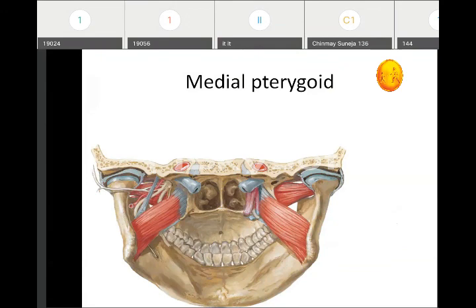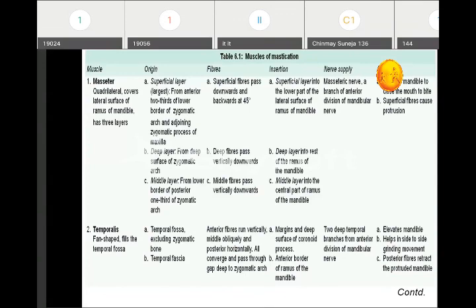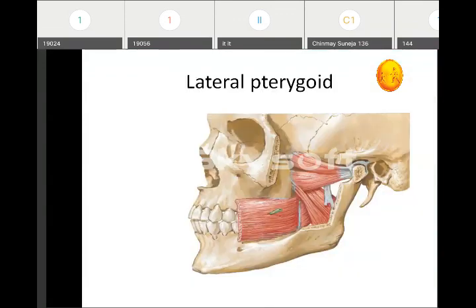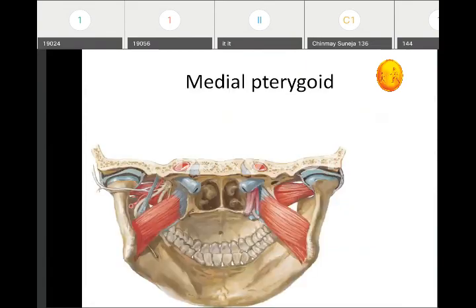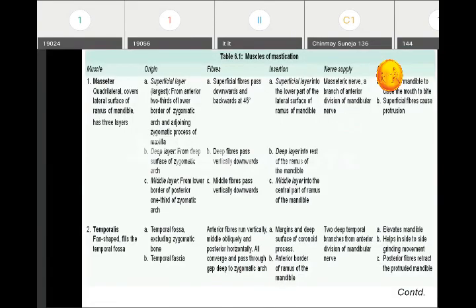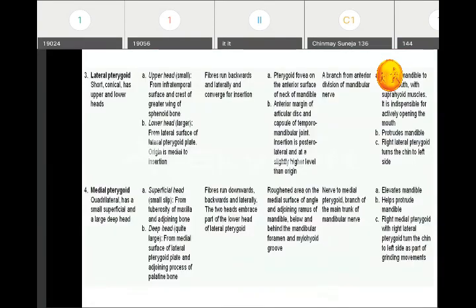Medial pterygoid from part of maxillary tuberosity and the medial surface of lateral pterygoid plate, getting inserted over the inner aspect of the ramus of the mandible, rough area. Then lateral pterygoid having two heads from the infratemporal surface and the lateral surface of lateral pterygoid plate, and it is getting inserted over the pterygoid fovea. So that is about the muscles of mastication.